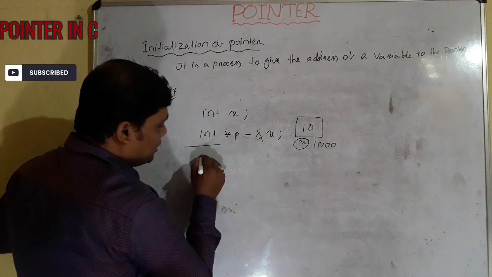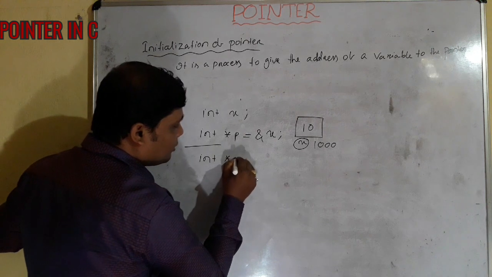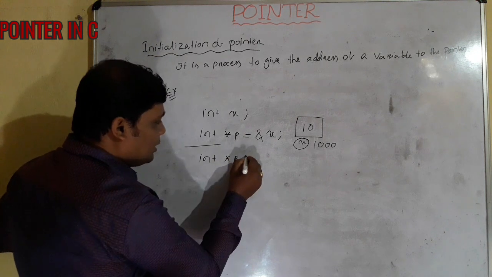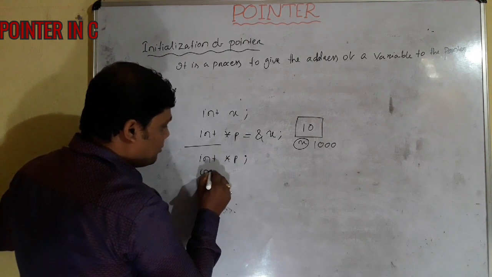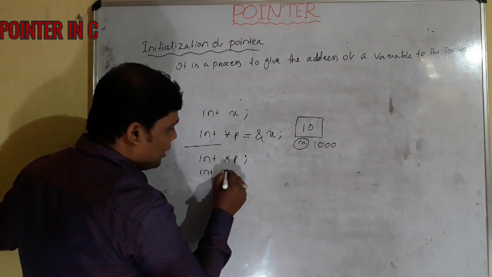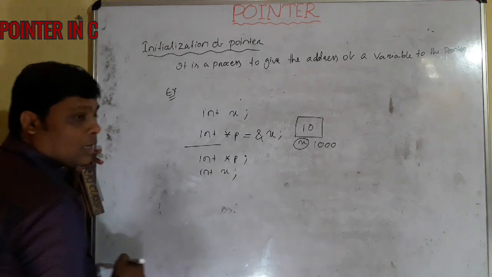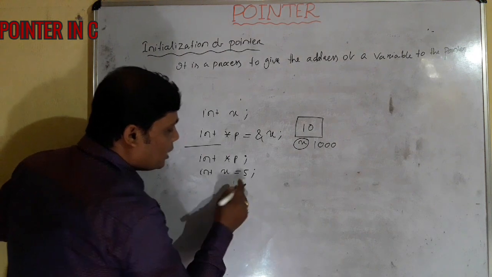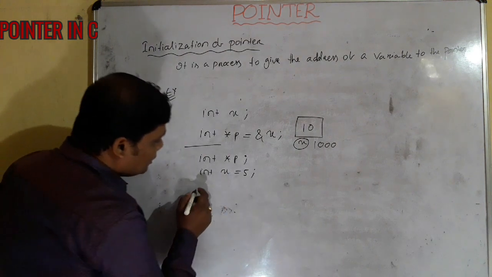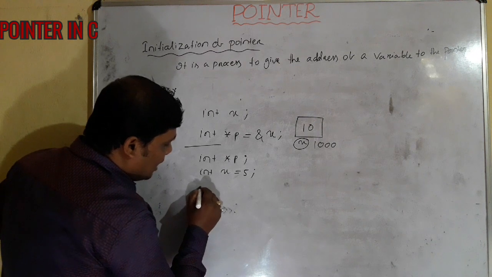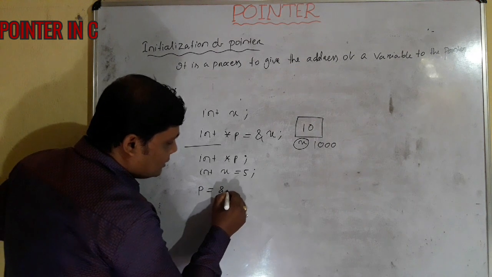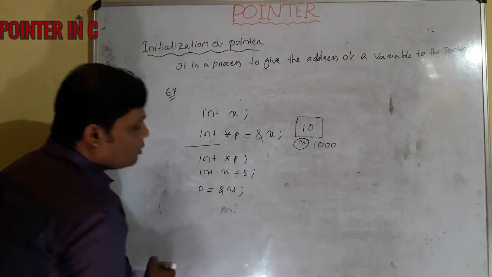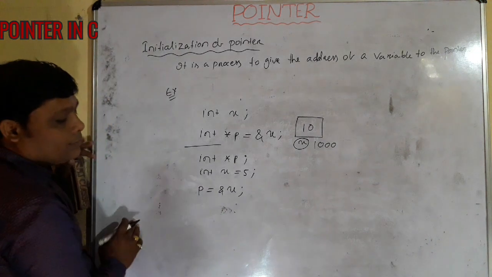Suppose I am declaring an integer pointer first, then I am declaring one variable, int x equal to 5. Then I am assigning the address of that variable to the pointer.